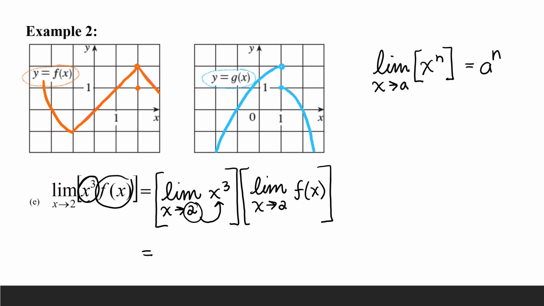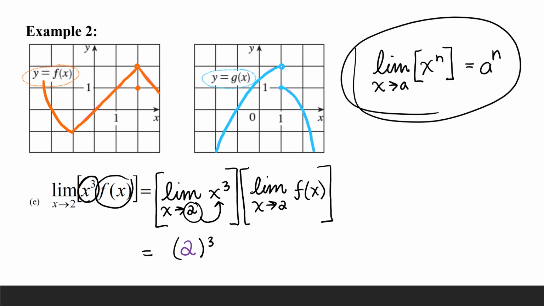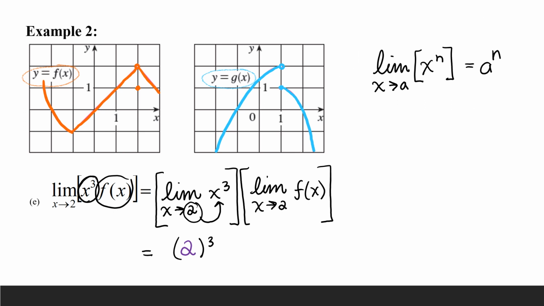So let's directly substitute 2 in for x. And let me use a different color because this is not g of x, so 2 in for x. So that's either using direct substitution or this limit law up here. The step will look identical. And we're going to multiply that 2 cubed by the limit as x approaches 2 of f of x, which we've actually already found before, and we found that that was 2.